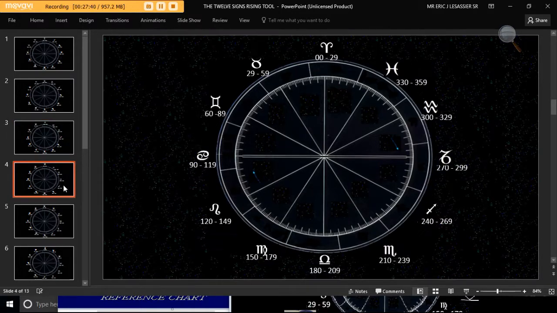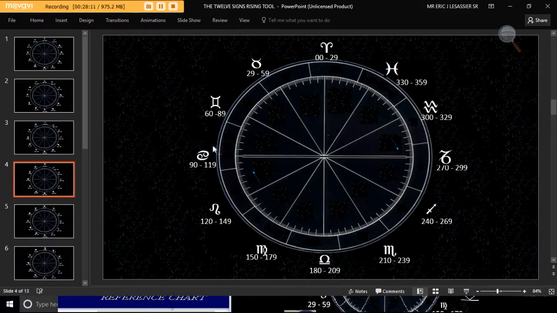Okay, so the next sign is Cancer as it rises, all right? And you see the degrees that it's rising in. When a planet is crossing over those degrees, it's entering those degrees. So whatever degree you were born on, say you're Cancerian, on that day the sun is entering a particular degree between these numbers, 90 and 119, because 120 starts Leo.